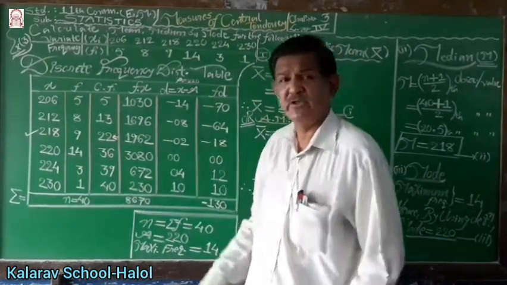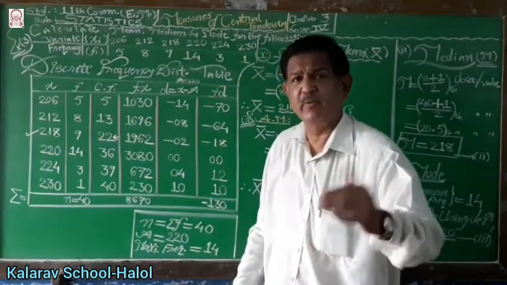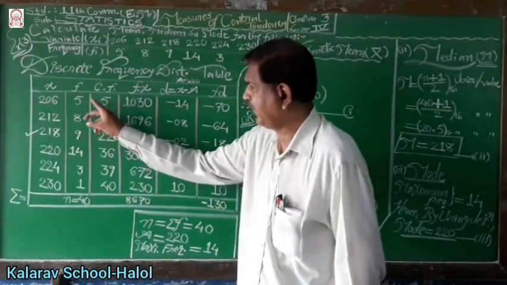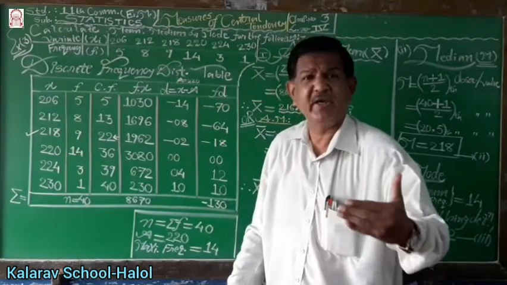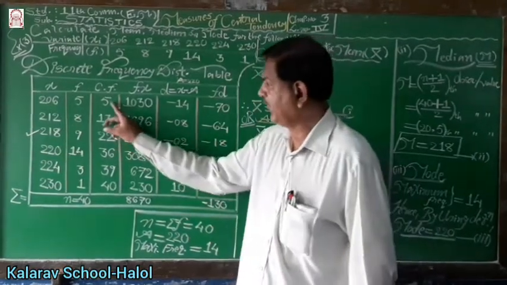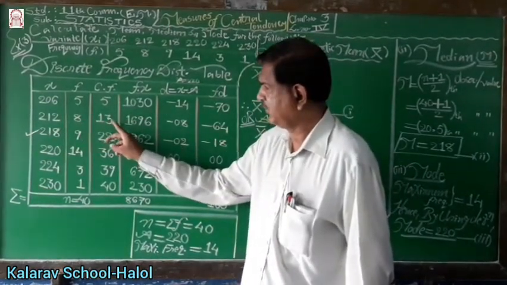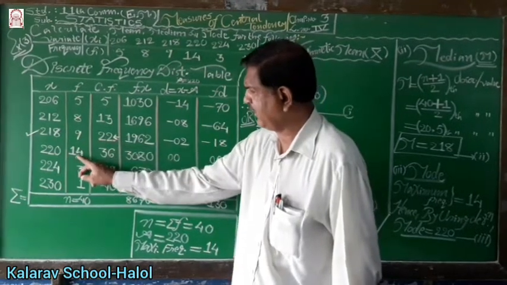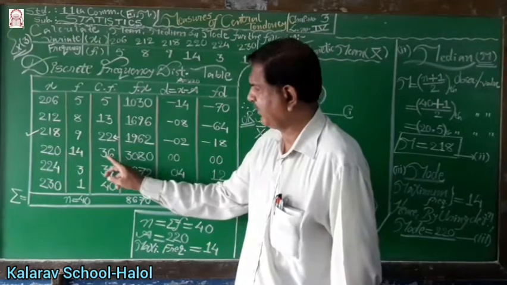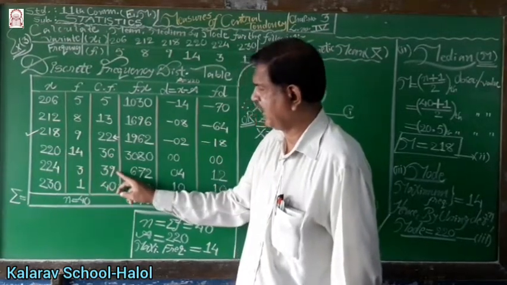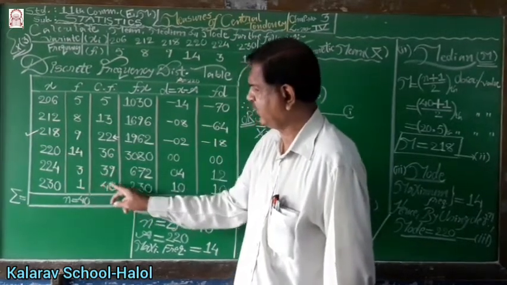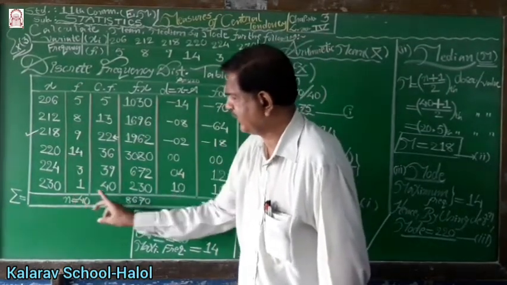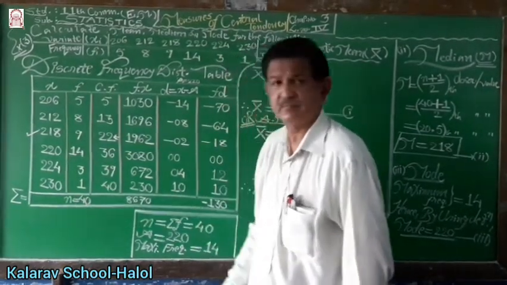This type of CF is known as less than type cumulative frequency, in which the first frequency remains as it is, 5, then add successive frequencies: 5 plus 8 becomes 13, 13 plus 9 becomes 22, 22 plus 14 becomes 36, 36 plus 3 is 39, 39 plus 1 is 40. 40 and the total of frequency is also 40. This 40 and this 40 remain the same.